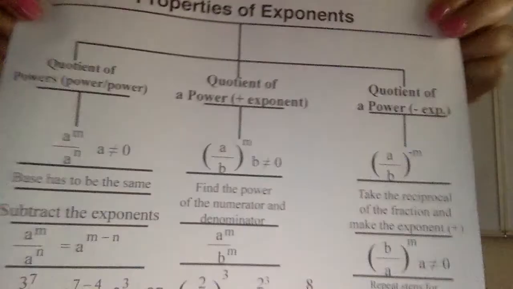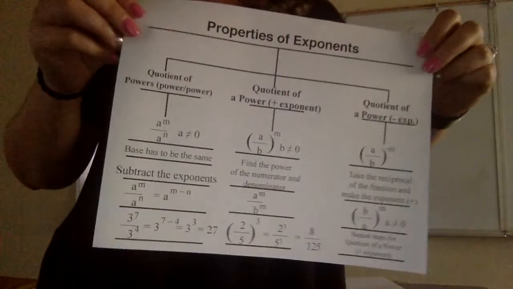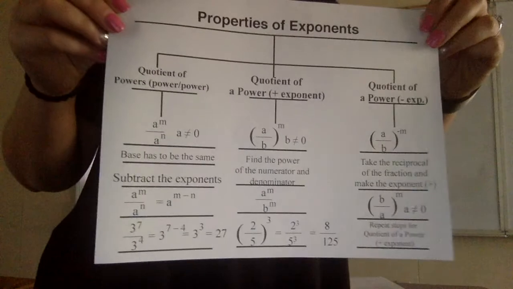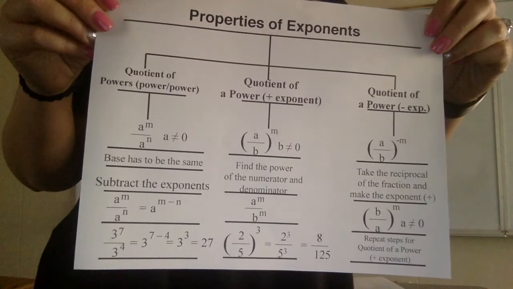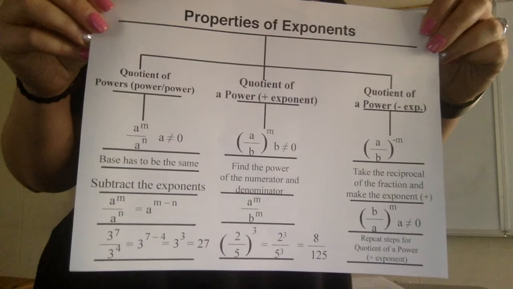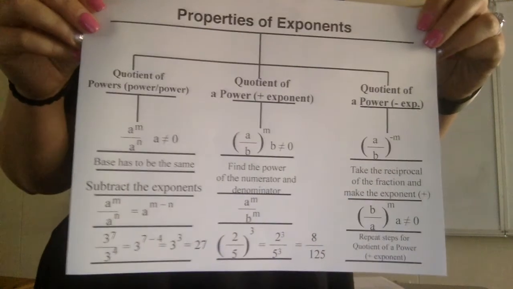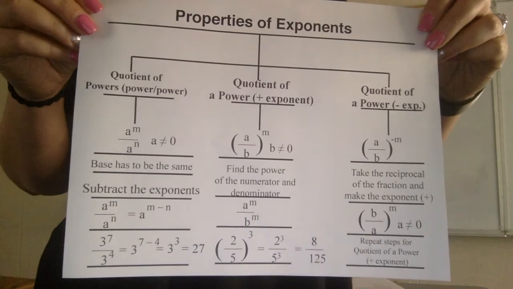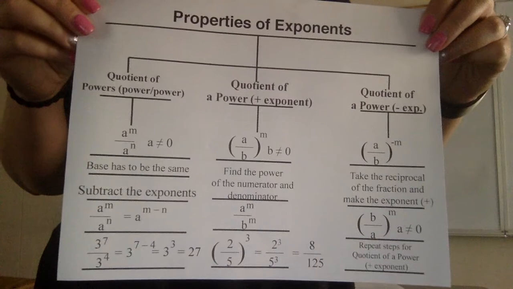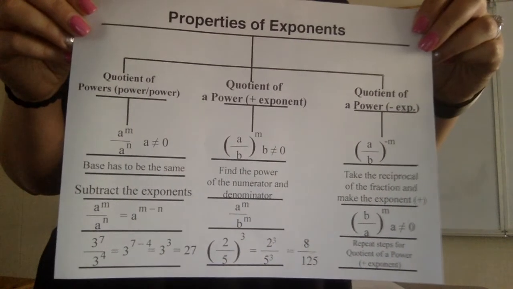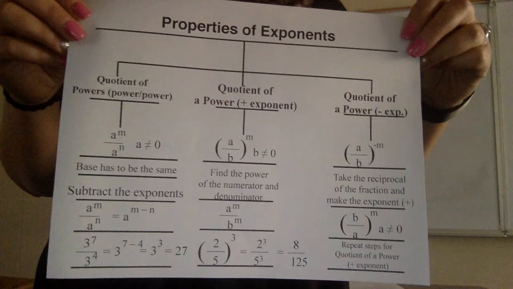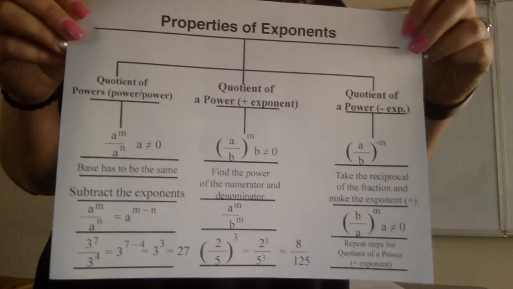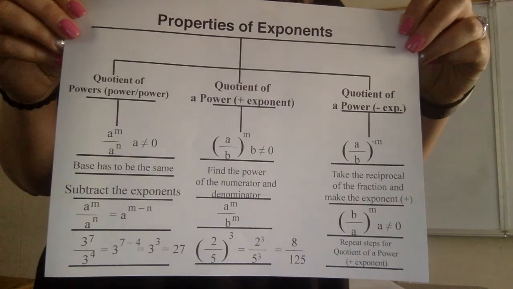This one should be the actual second page. So it should look like that. Again, pause it so that you can copy this down. I'm not going to explain all of it right now. We're going to learn about each and every one of these throughout the weeks. This should take us about 2 weeks to learn, more or less. So again, pause so that you can copy them all down.